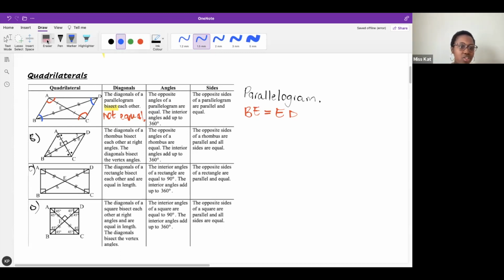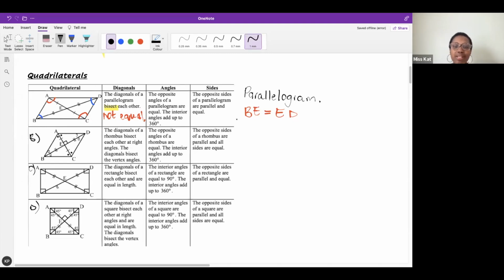What am I repeating, Chi-Chi? Okay, Chi-Chi will let me know what I'm repeating. So the opposite angles of a parallelogram are equal.